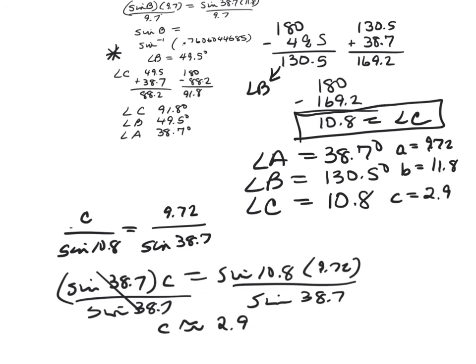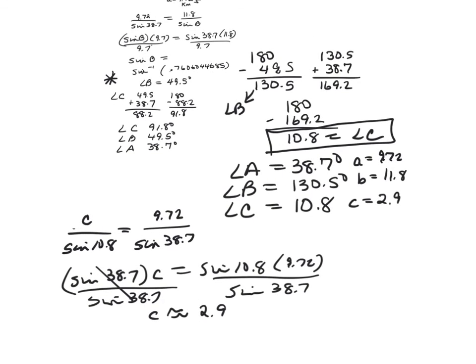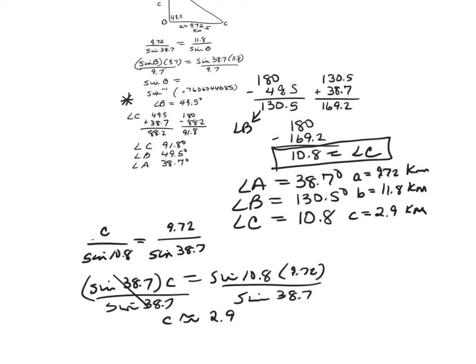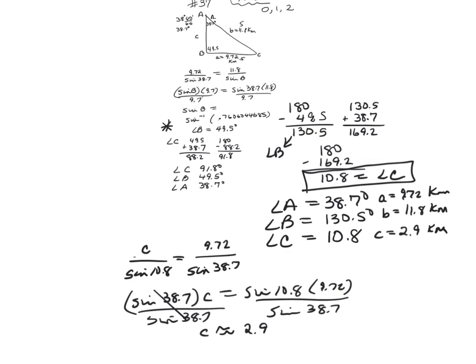And all of these lengths are kilometers. So number 37 actually had two triangles. So over here, these were the angles for the first one. Again, A and B were originally given. Little c, let me go back and calculate little c.